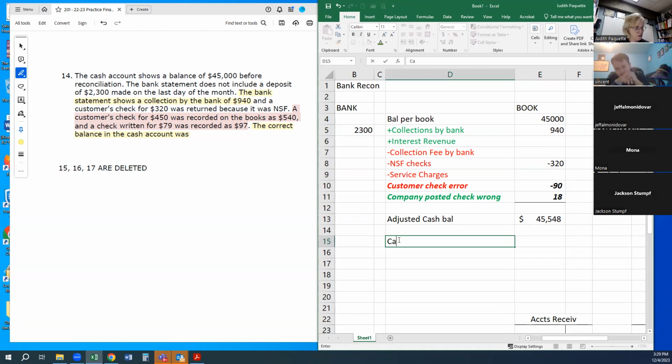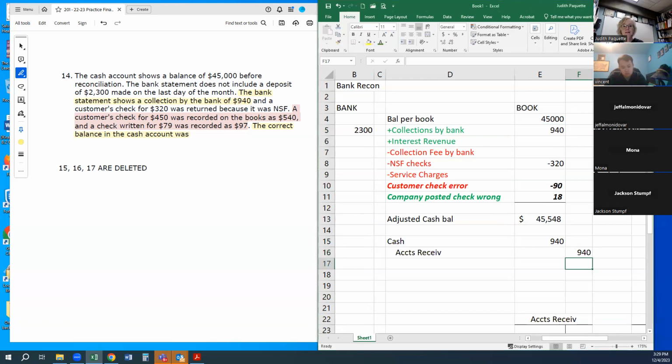So that adjusting journal entry is going to be a debit to cash of 940. And because we know it's not a note receivable, it's accounts receivable, we're going to say accounts receivable 940. Now, what I tell my students is if you don't know what that other account is, set up the journal entry as a debit or credit to cash, depending on if it's an increase or decrease, and you will get partial credit.